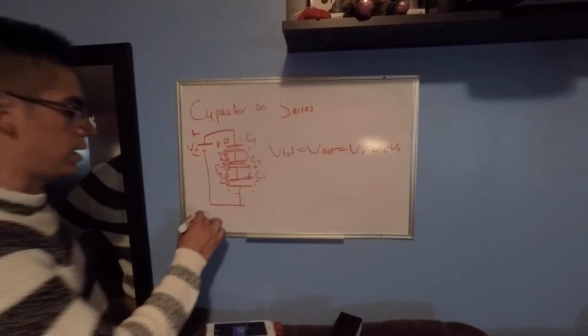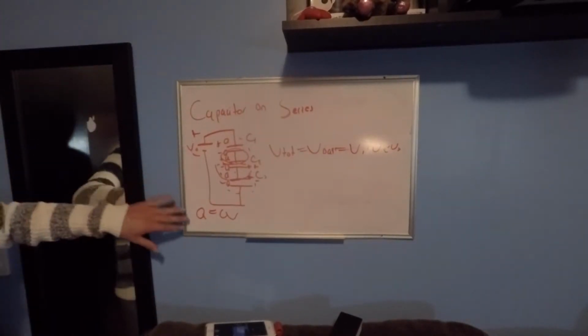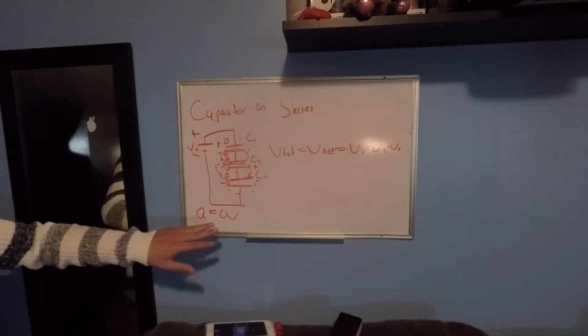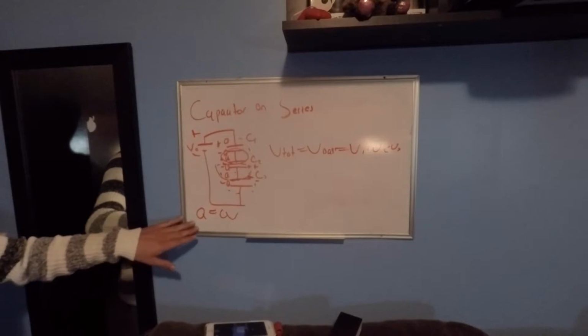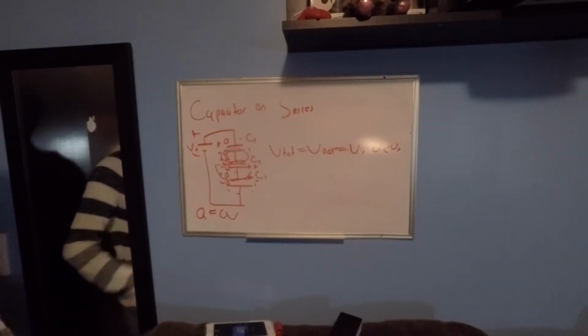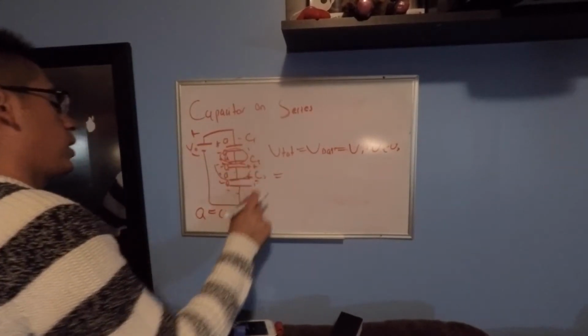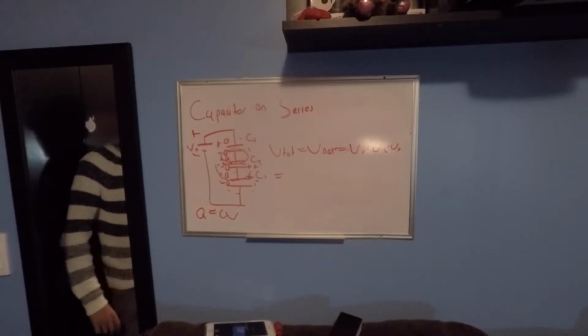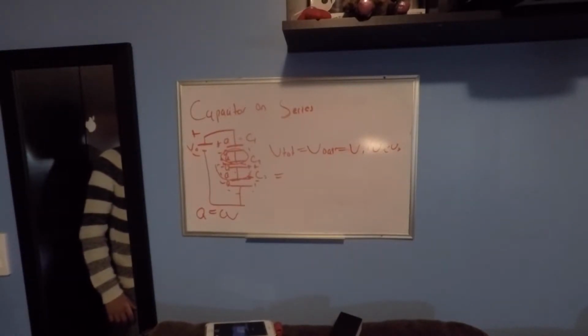But as I'll tell you later, our charge is equal to our capacitance times the voltage. So if we want to know the charge, we have to tell C1, C2, and C3, but they are not the same.